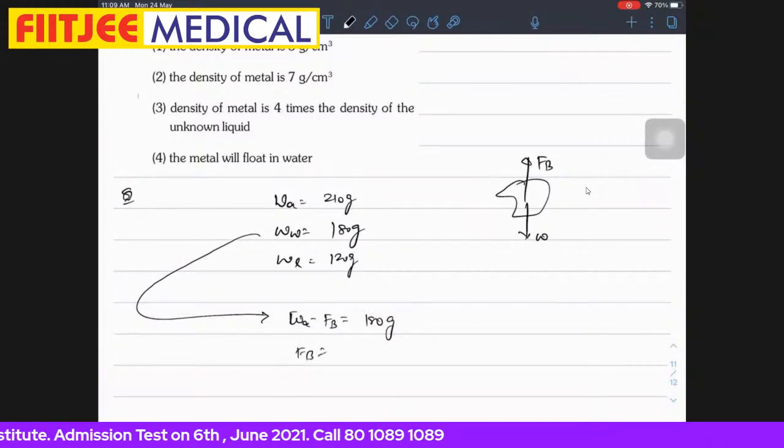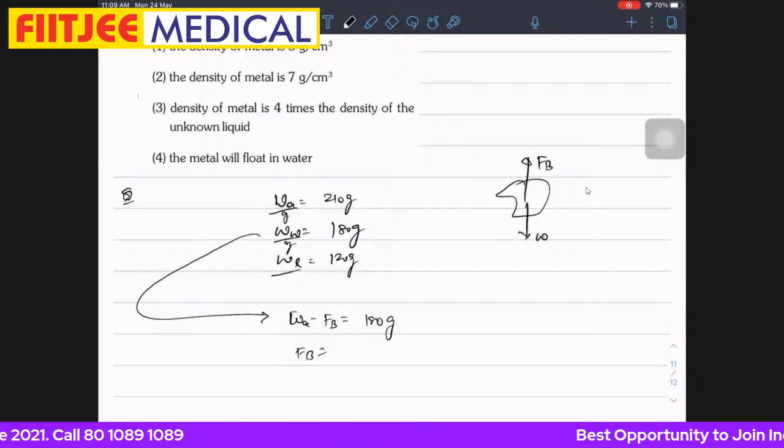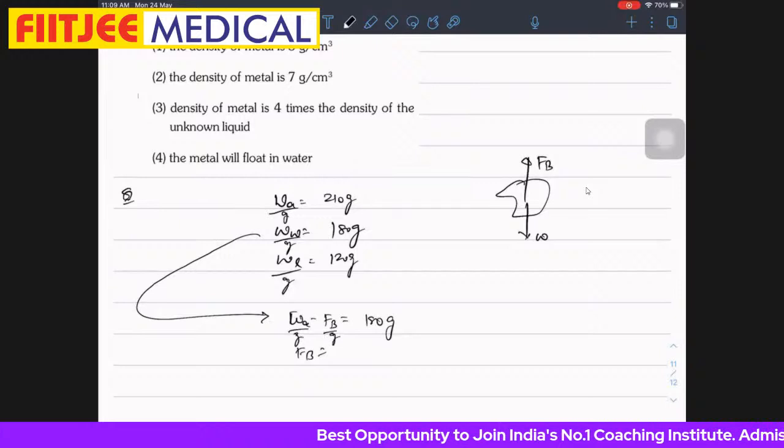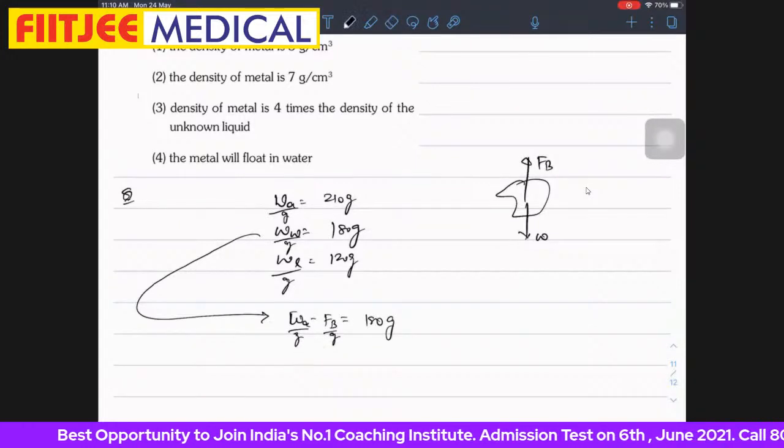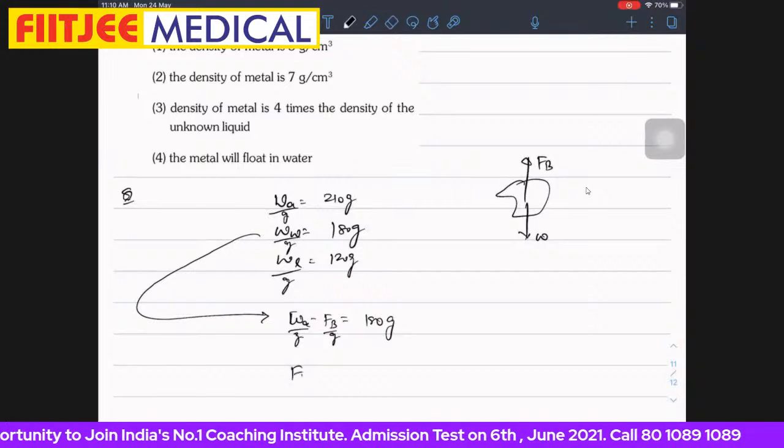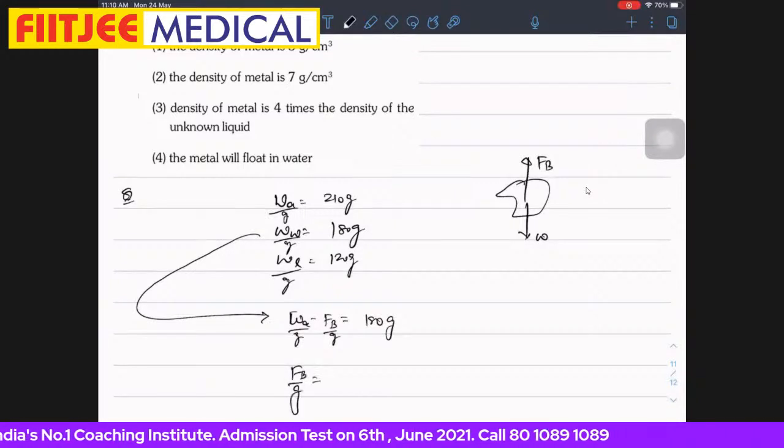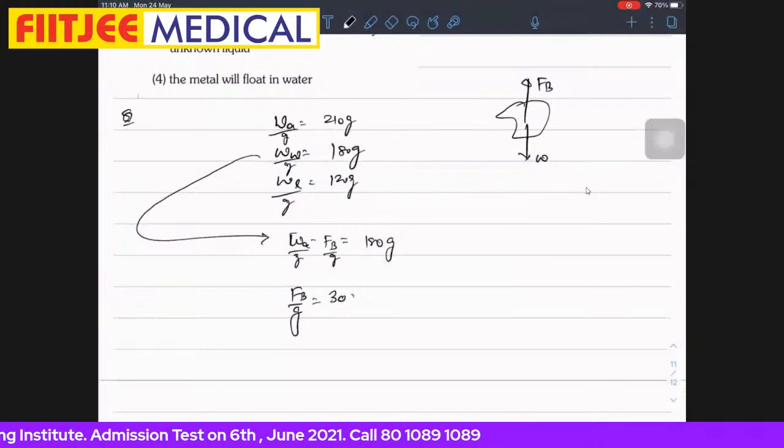And WA is given as 210 gram. Basically, it is given in terms of mass, so we can divide by G. So what can I write? FB by G will be equal to how much? 30 gram.